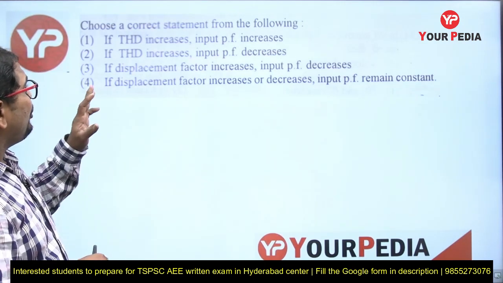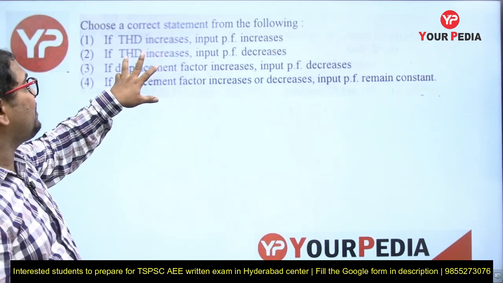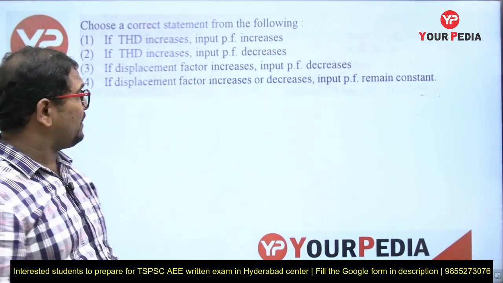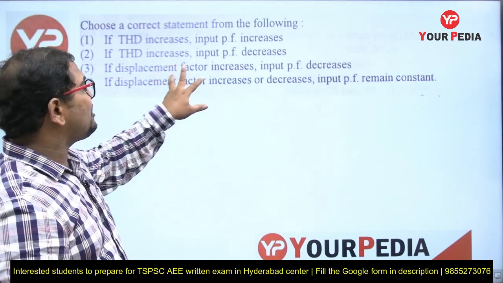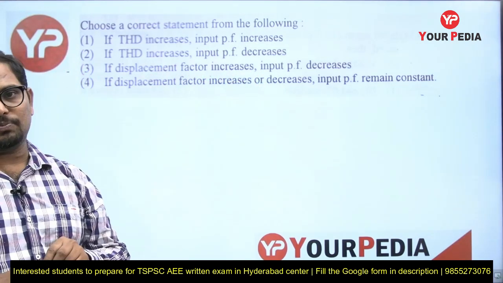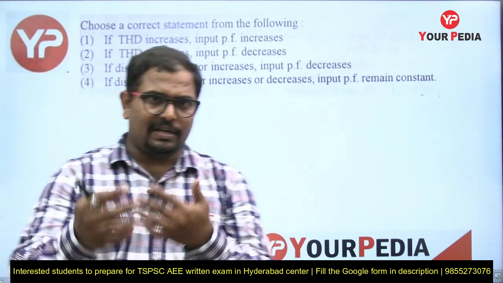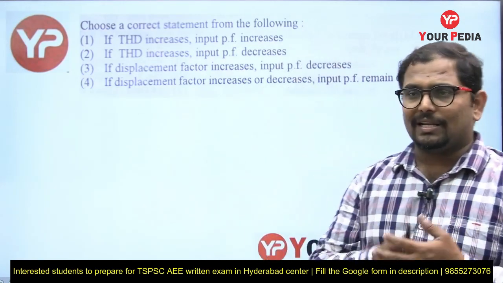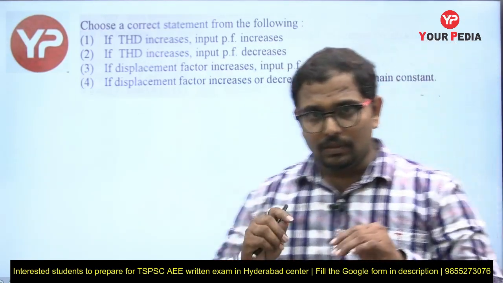Now first you need to bring the relation, because two options have a relation between THD and input power factor, and the other two options specify the relation between input power factor and displacement factor. First write the relevant mathematical equations for these four terms.